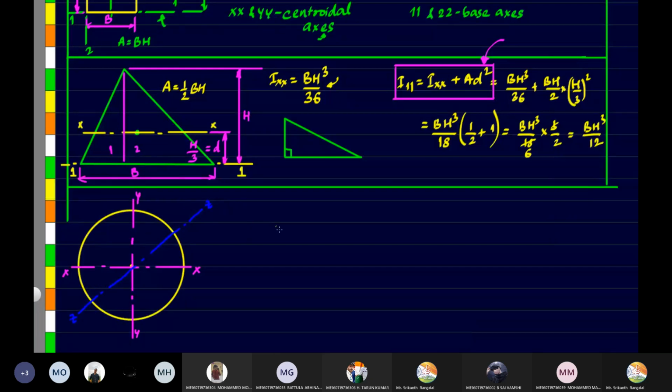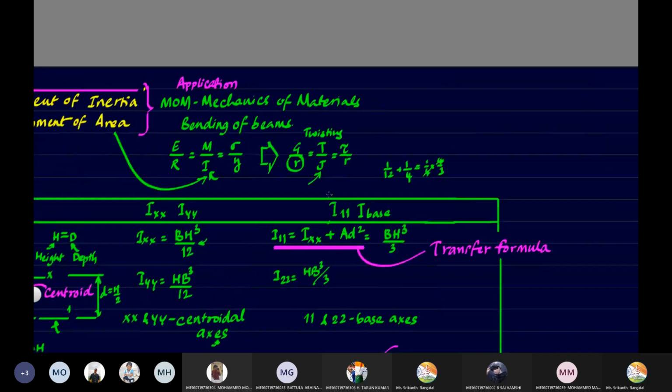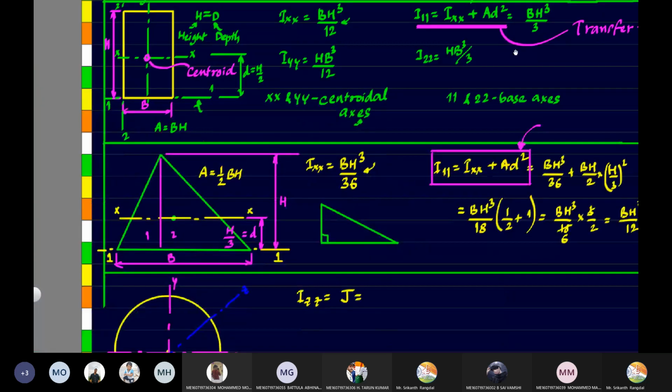Actually, in derivation for circle, we first find IZZ. In some books it is also written as J. What is J or IZZ? The polar moment of inertia, isn't it? So I told you here, the J value which you are using in the twisting equation, that is called the polar moment of inertia.